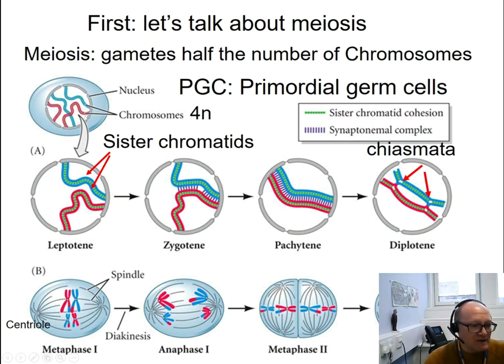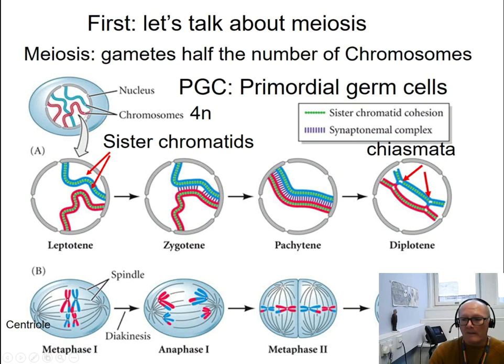So you can see here the chromosomes that are duplicated are aligned in the middle of the spindle in what is called metaphase 1. It is called metaphase 1 because in reality, meiosis is like 2 mitoses, one after each other, without an intermediate synthesis of DNA.